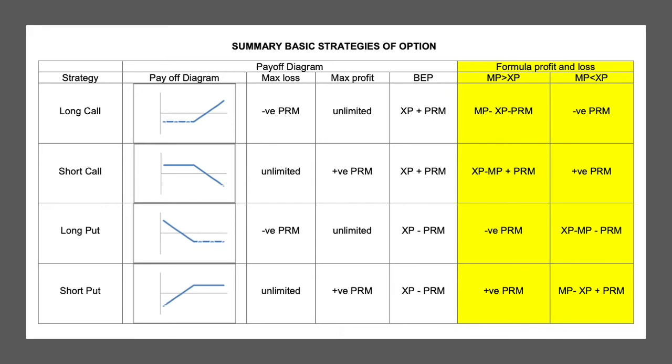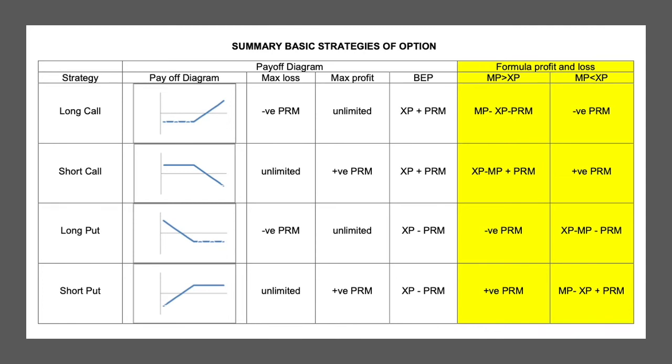You need to remember it because you need to use all those formulas and the diagram to draw the payoff diagram. For example, the long call, you must remember the shape of the payoff diagram, and then you need to know the formula for maximum loss, maximum profit, and break-even price.